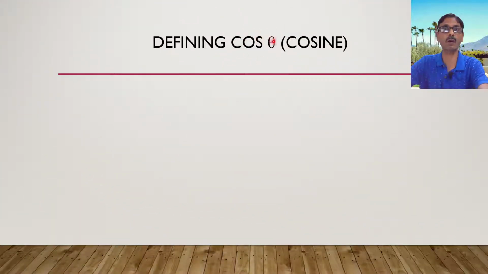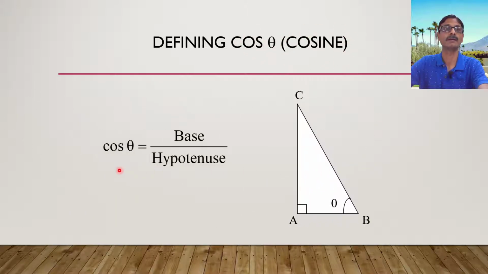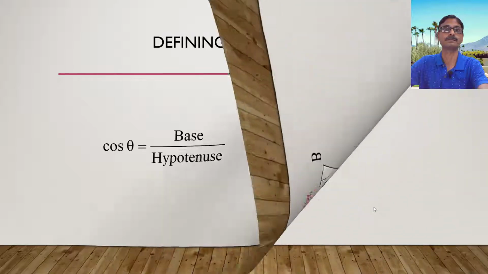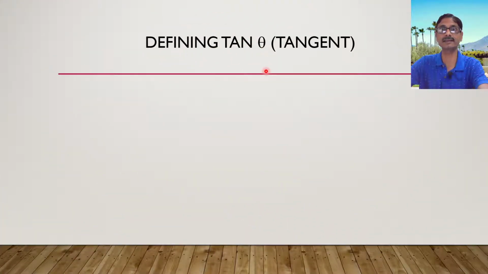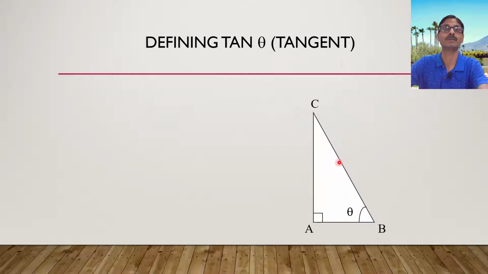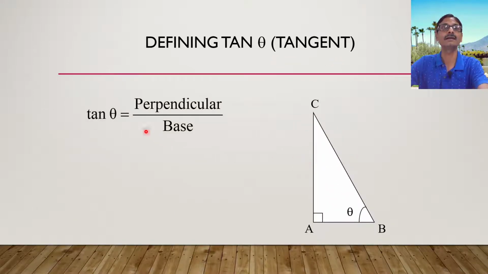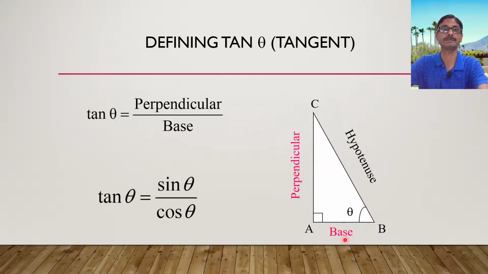Next is cos theta, full name cosine. Cos theta equals base upon hypotenuse. Next comes tan theta with full name tangent. Tan theta is defined as perpendicular upon base, ratio of perpendicular with base.